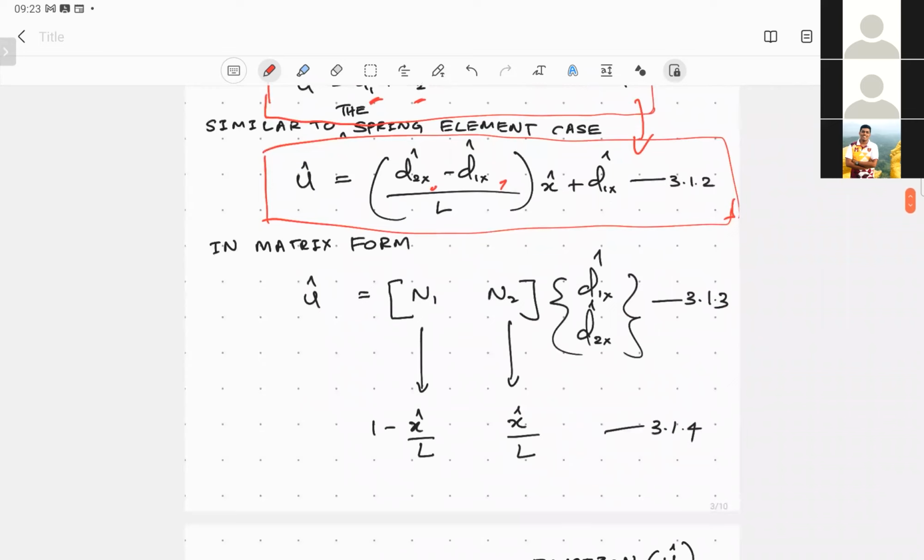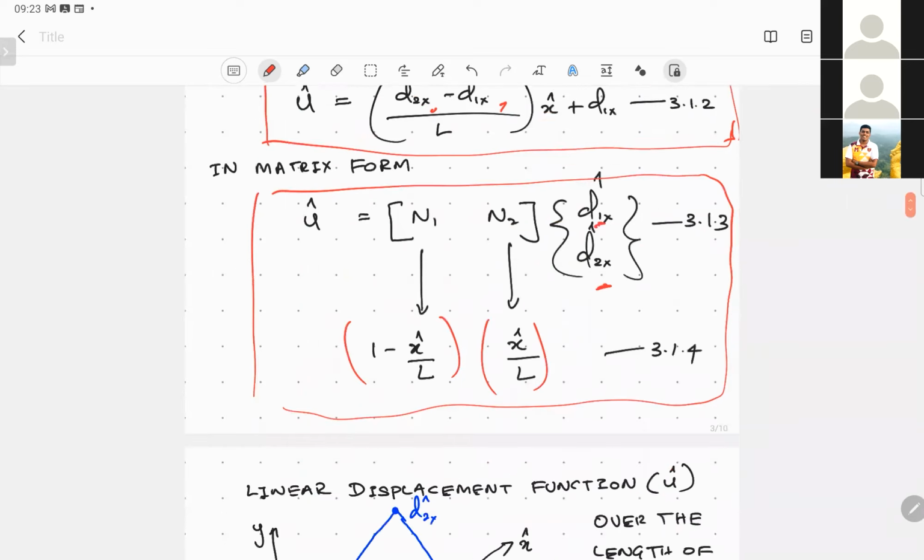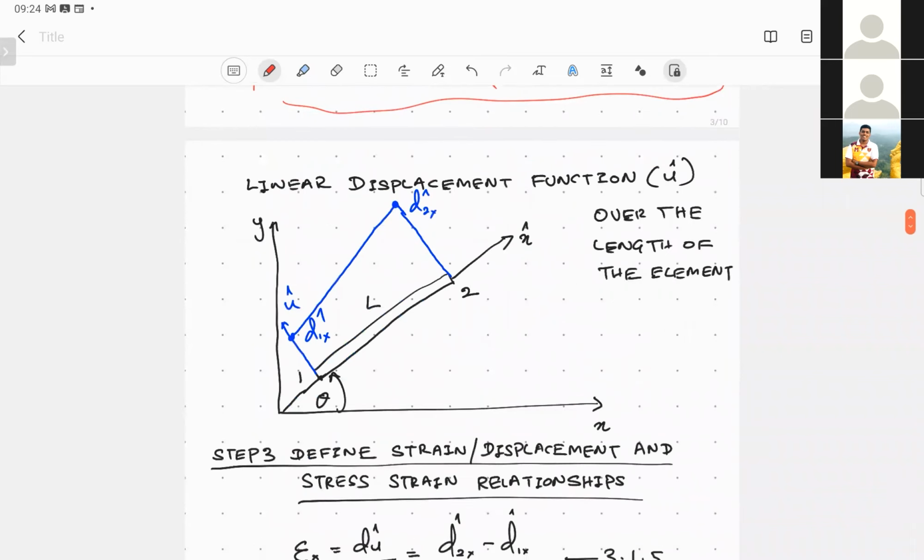So once you have the displacement function, you can neatly arrange it in the matrix form and obtain this relationship, or the so-called shape functions, which attribute to the displacement in the local coordinate system. Good. So now we have assumed a displacement function which can describe the displacement throughout the domain that we are interested in.